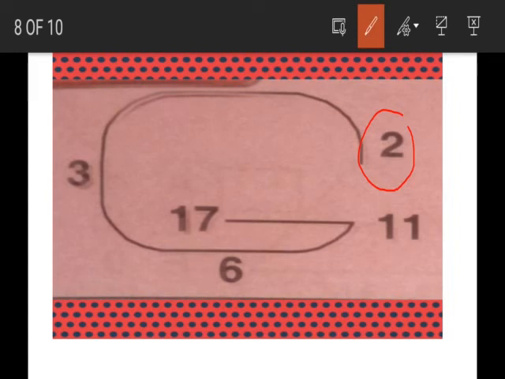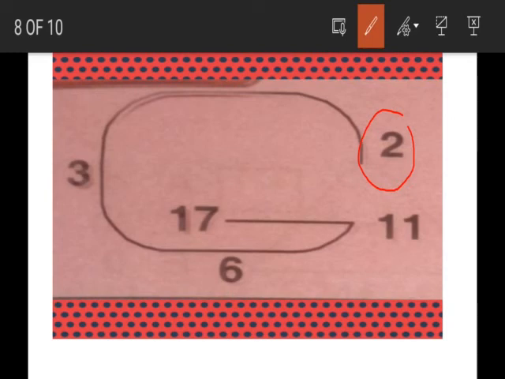So for us to get the number in the 2 place, add the 3 and 6, then remove it from the 11. 3 plus 6 is 9. So 11 minus 9 will give you 2.